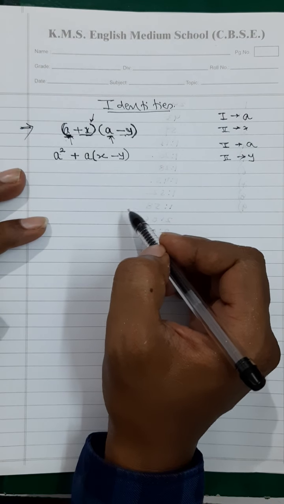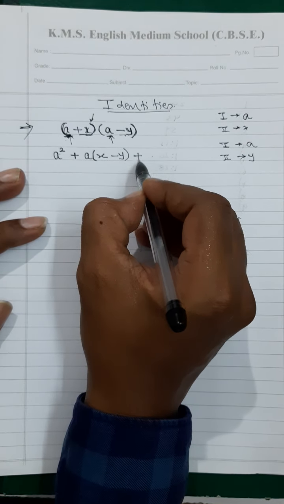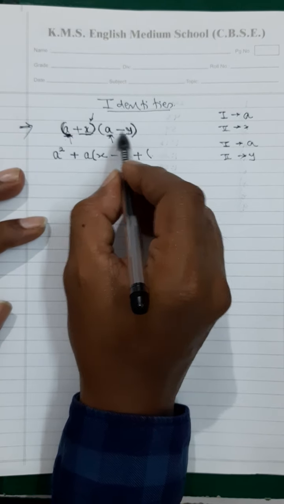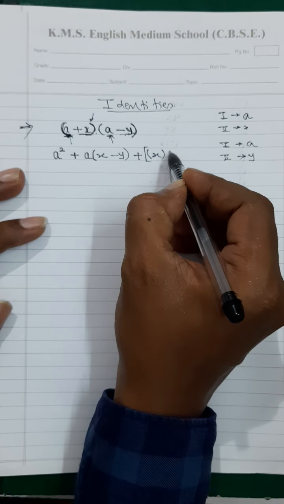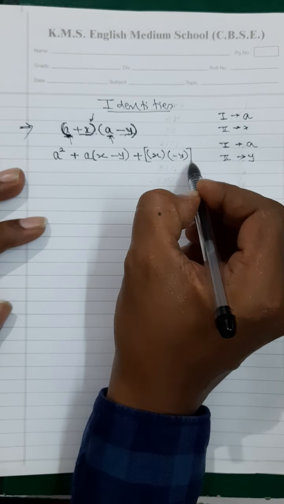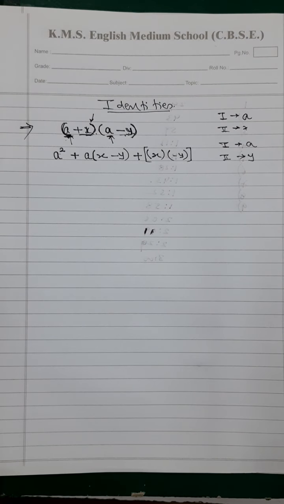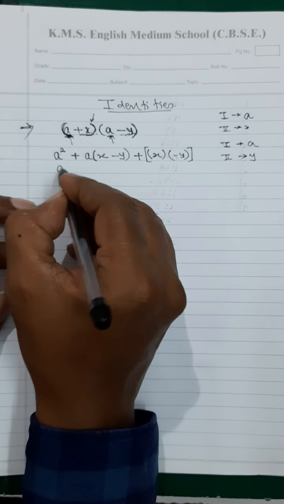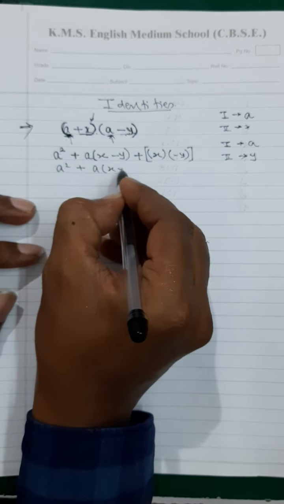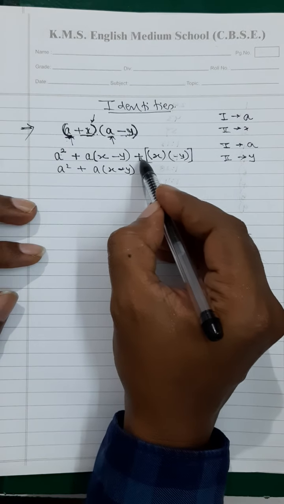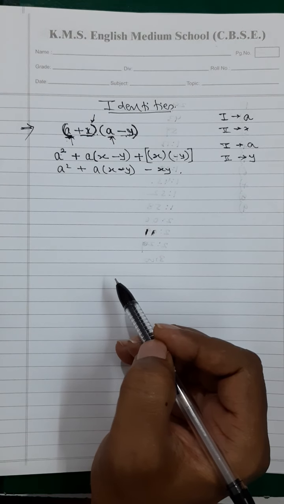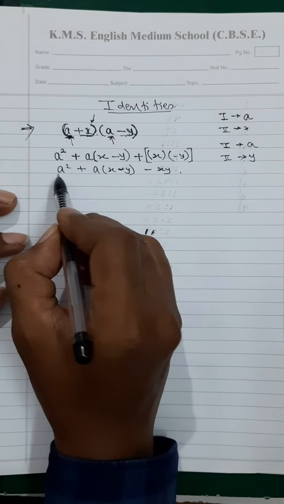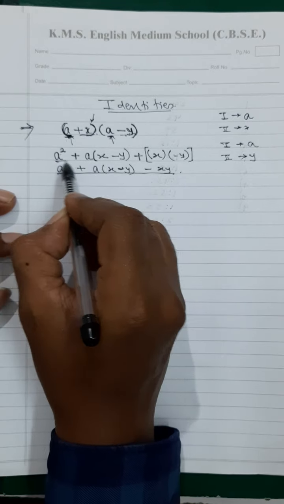And then here it will be again plus, and you will multiply the second terms with their signs: x into minus y. Are you getting this? So if I open the bracket, I am not opening the bracket over here now. What I will get is a square plus a into x minus y. If I open this bracket, plus minus xy will be the answer. Are you getting? So basically, this is the identity.